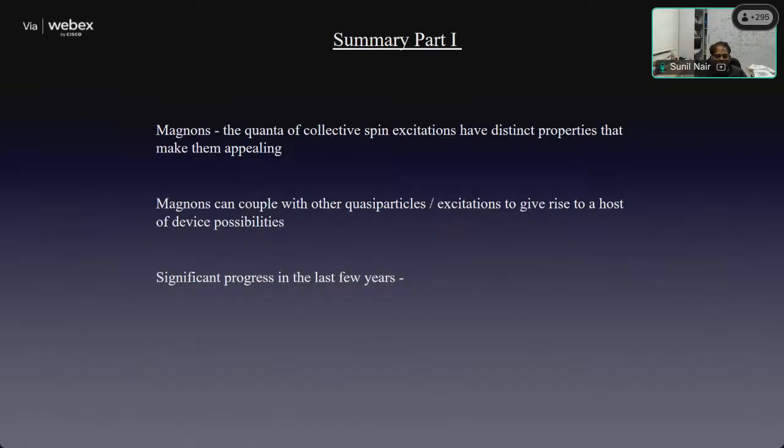One thing I would even suggest people look at is arXiv. Also, in the past couple of years, JPCM publishes what is known as a magnonics roadmap. That is a very good place to look. But I can share this with you. That is okay, because I don't remember the reference. So we will post it along with the copy of the PPT.